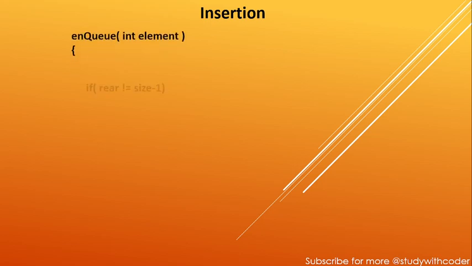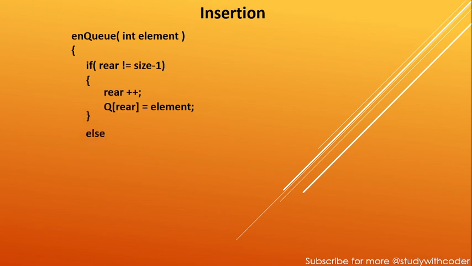Insertion operation: enqueue, int element. If rear is not equal to size minus 1, then rear plus plus, meaning rear is incremented, and Q[rear] is equal to element. Else print Q is full.